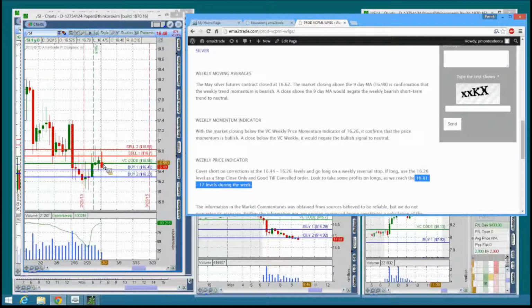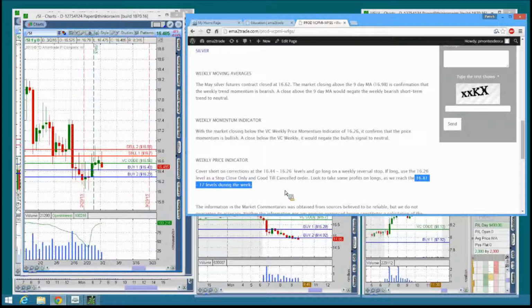Now, you also had the targets on the daily algorithms that told you 1670 was a sell 1 level to 1688 for the daily, and for the weekly the targets were 1681 to 1700.